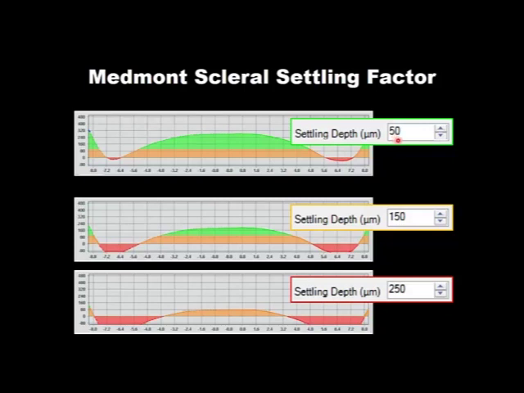So you can create your own settling of 50 microns, 150, 250, any amount, and observe as that lens sinks into the tissue, will it come into contact with the limbus? Will the lens create any bearing over the cone or over the host donor area in a transplant patient? So using the settling factor with each one of the scleral lenses is kind of a valuable little tool.